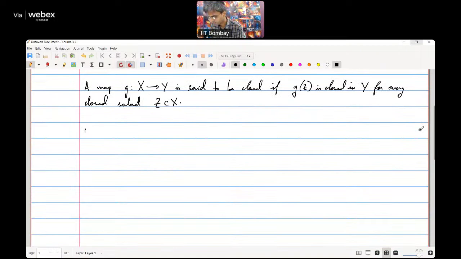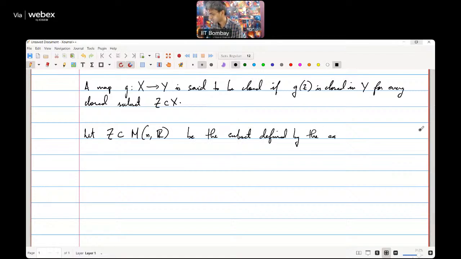For that, let Z contained in the n cross n matrices be the subset defined by the equations. Let's just take M_2(R), the 2 cross 2 matrices. So here we have X11, X12, X21, and X22.